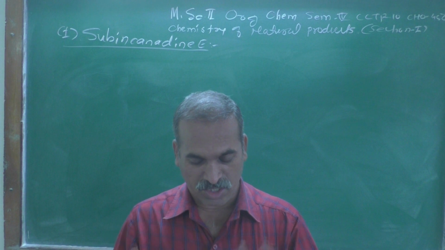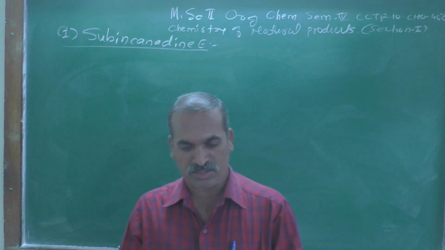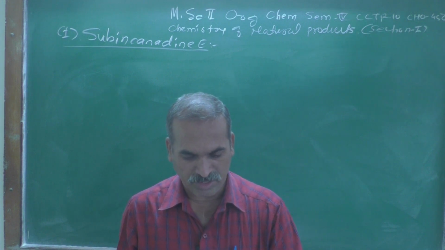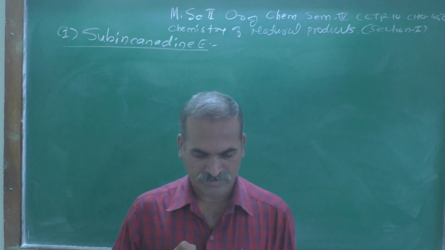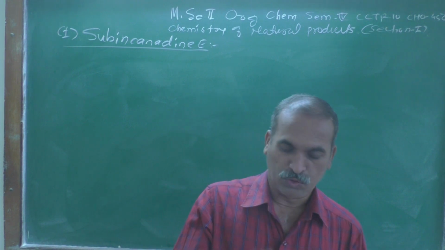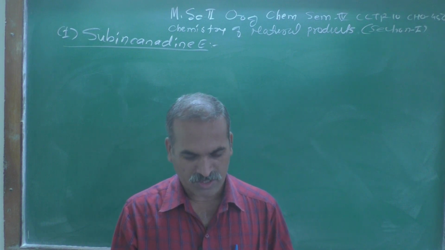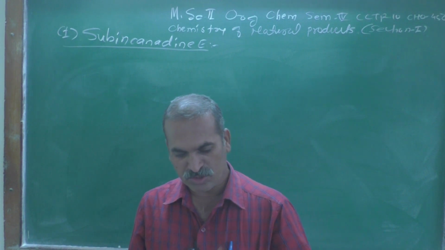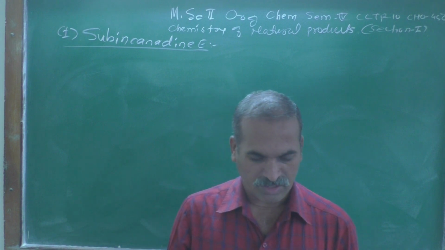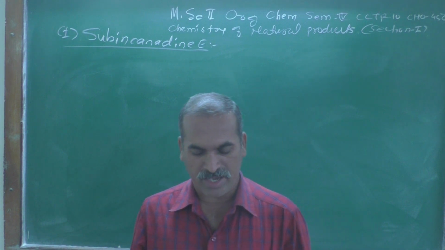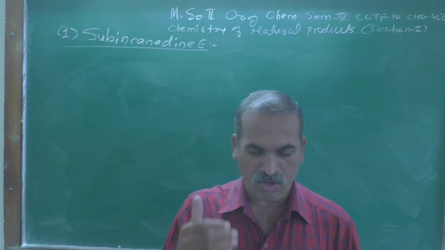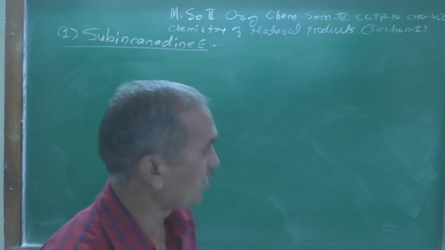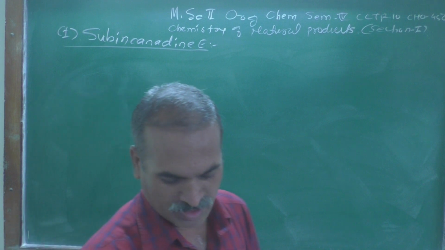The structurally interesting and biologically important cytotoxic alkaloids Subincanadine A to Z were isolated in 2 to 14 milligram quantities from 100 gram bark of the Brazilian medicinal plant Aspidosperma subincanum by Osaki and co-workers in 2002, that is represented in figure number 1.